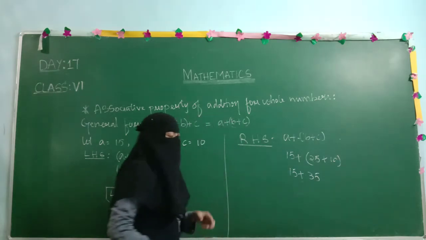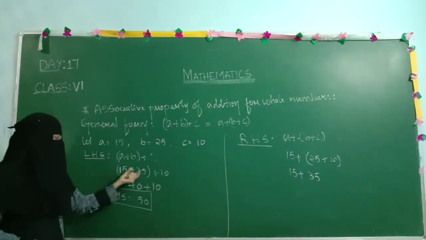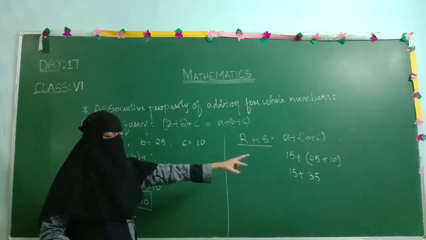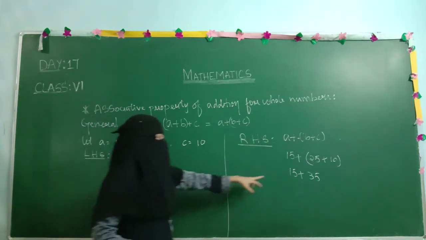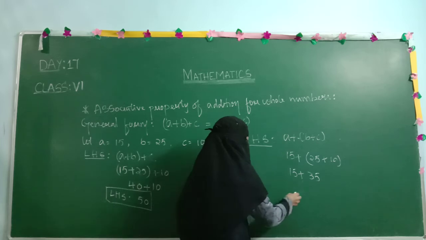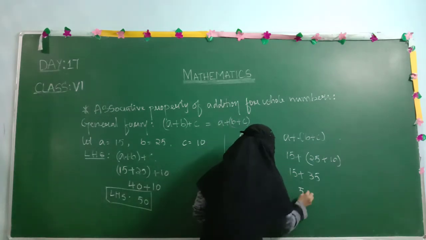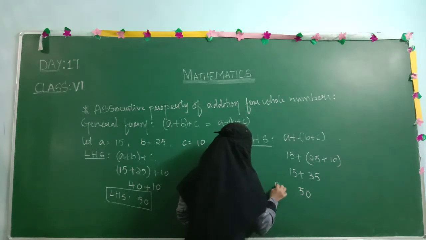Here first we added 15 and 25, there we are first adding 25 and 10. So here we got 15 plus 35, which altogether is nothing but 50. This is your RHS value.